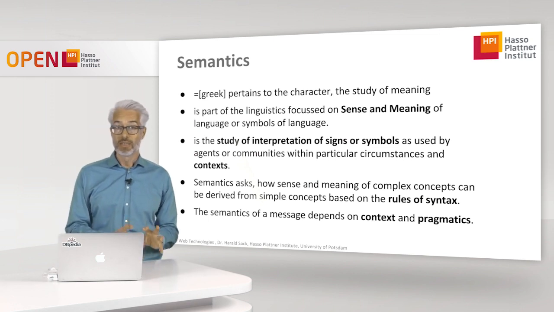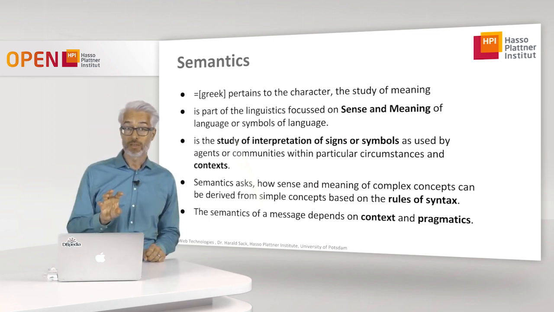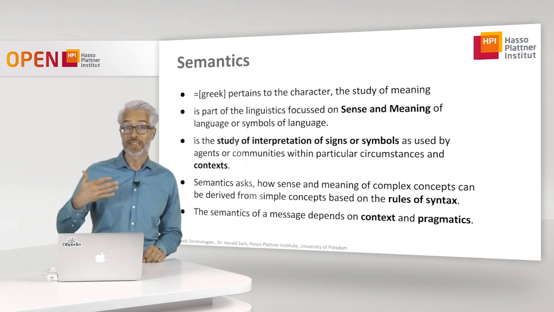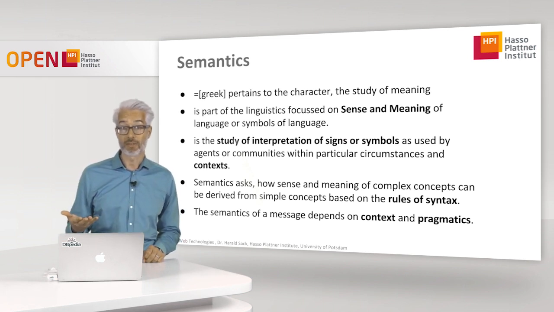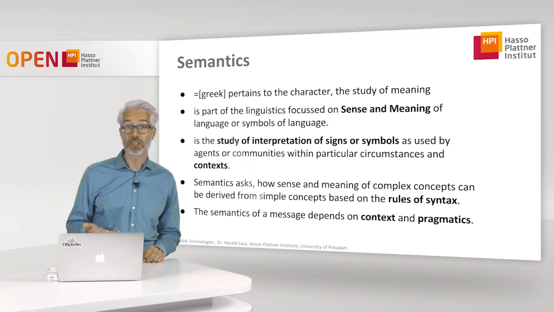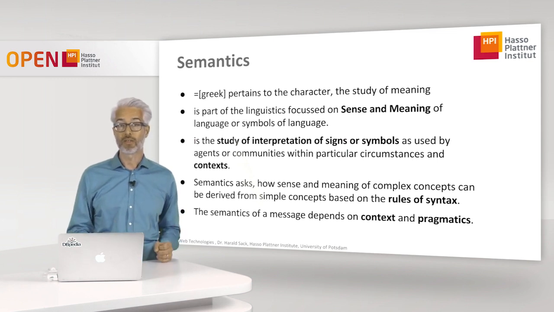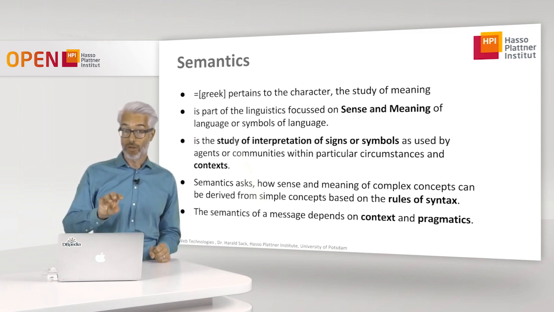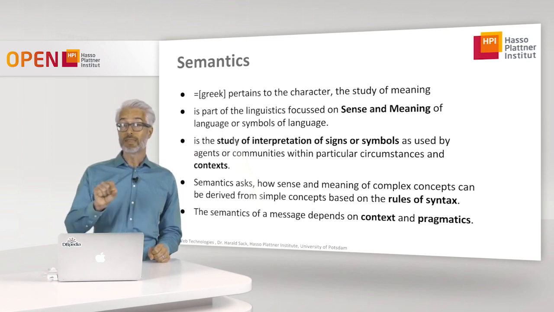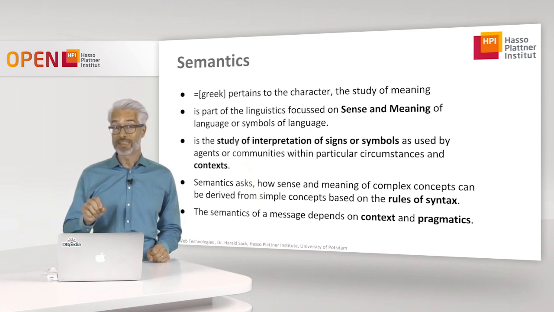So here is really the fundamental concept that is important to understand, to interpret things correctly. Semantics is the study of interpretation of signs or symbols as used by agents or communities within particular circumstances and contexts. So context, as we see here, is important to disambiguate or to define the right semantics.